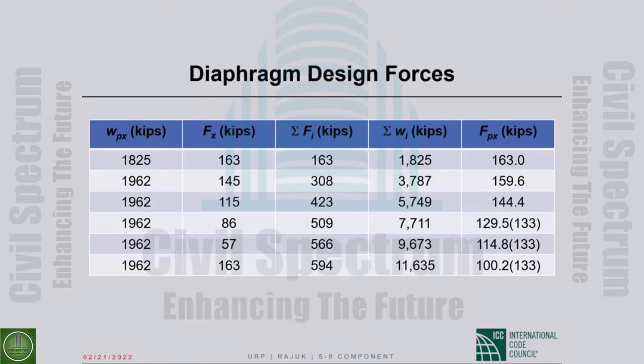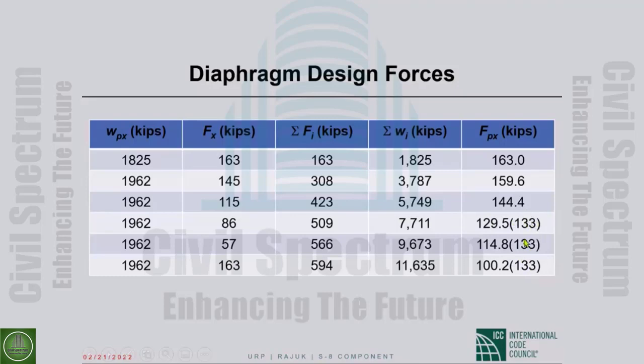X. At the very top, it is the same 163, which is the lateral force. But at every level below, it is higher than the lateral force. Okay. Now, at these levels, we go below the minimum 0.2 S sub ds IW, so the minimum will govern.